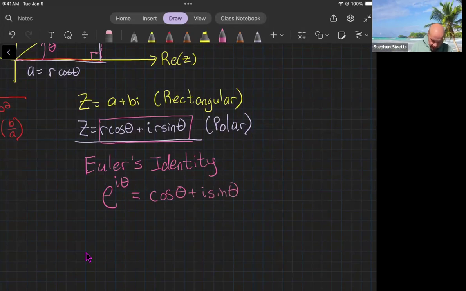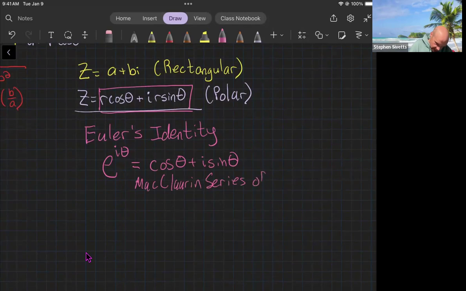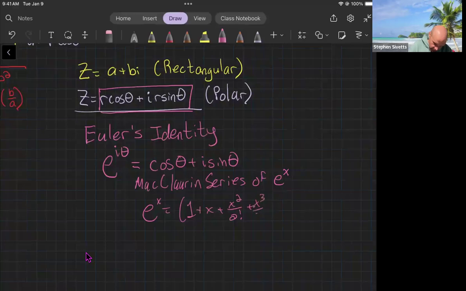This was derived back in Calculus 2, where we looked at the Maclaurin series of e to the x, which was 1 plus x plus x squared over 2 factorial plus x cubed over 3 factorial and so on.